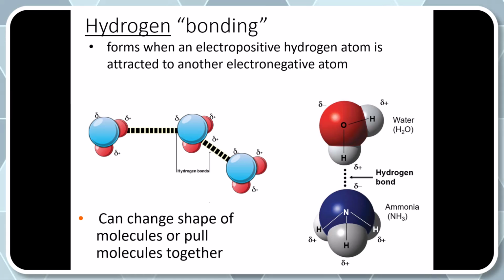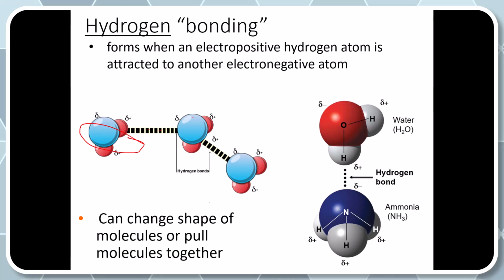So in our picture here, we've got water molecules, and these water molecules here, right? That's a water molecule. So this dotted line here is a hydrogen bond between the partially positive hydrogen and the partially negative oxygen on the other atom.